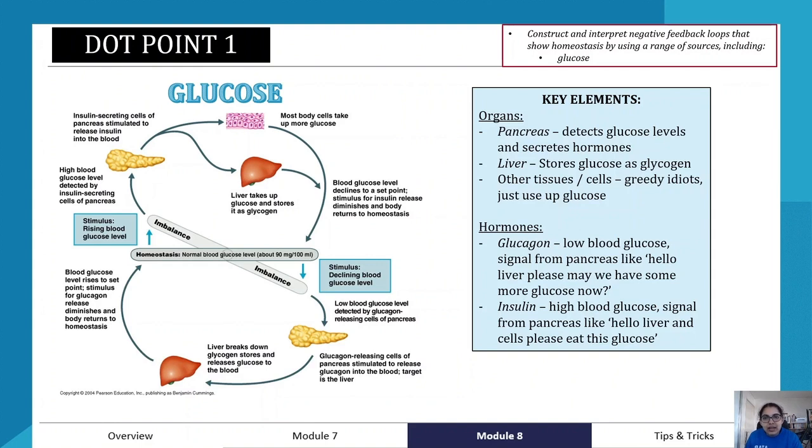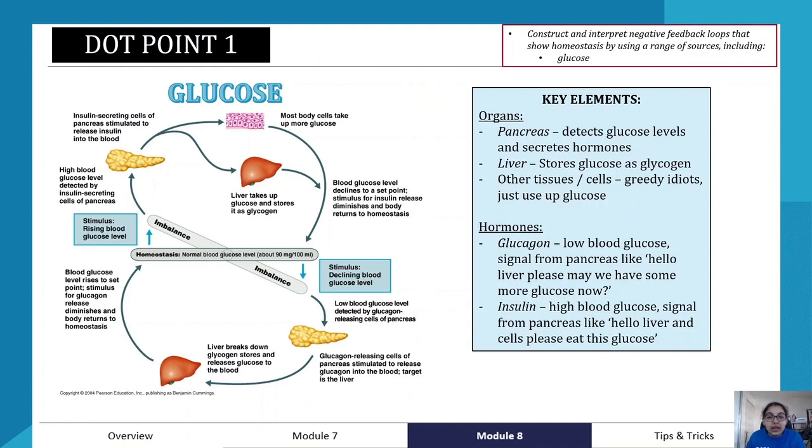Glycogen is basically lots of glucose chains attached to a glycogen molecule. Now, the two hormones that we talked about: glucagon is released when we have low blood glucose, and it essentially goes to the liver to say, hey, could we get some glycogen happening because the body needs it.